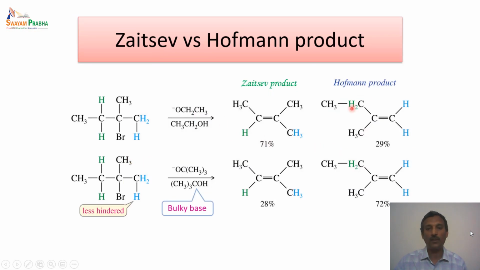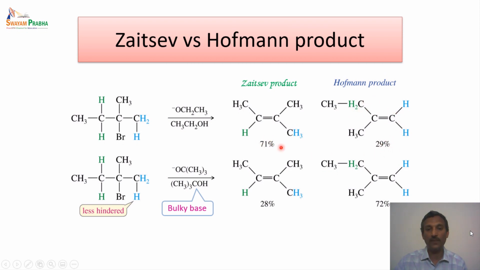So here is a comparison between the same reaction. In the first case, this is a linear ethoxide base, which is a smaller one, so it can abstract the internal proton very effectively. We end up with 71% of the more branched isomer compared to the less branched isomer, which is formed in 29%.